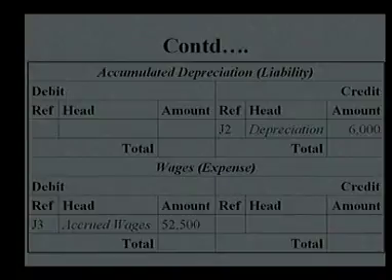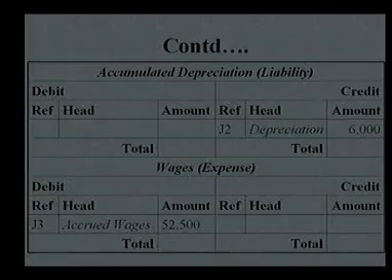Now, next comes accumulated depreciation. Depreciation is an expense, but accumulated depreciation is a liability. Similarly, wages is an expense, but accumulated wages is a liability, because the company owes it. Whatever wages gets accumulated, the company has to pay them sooner or later. So, it is a liability.